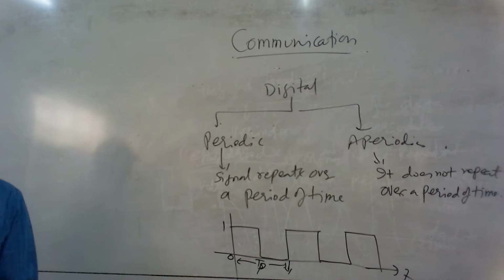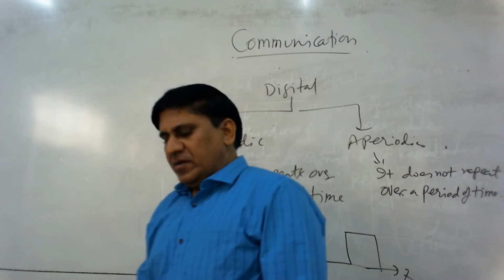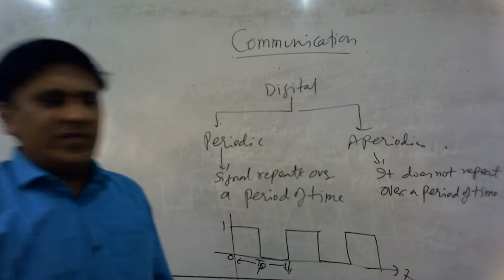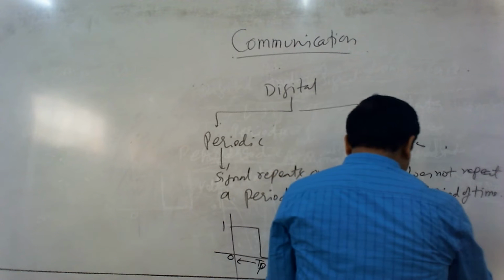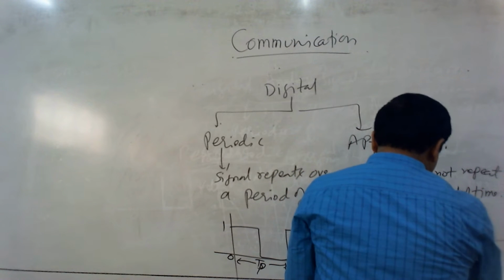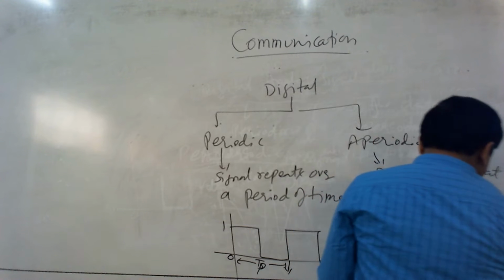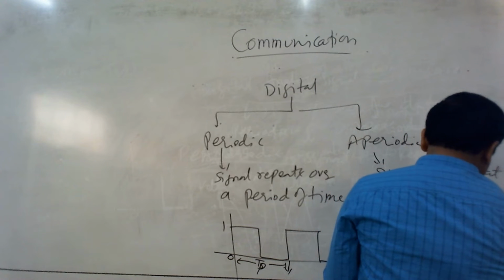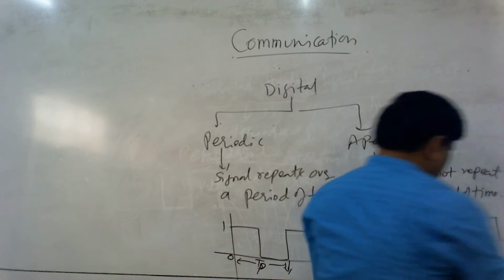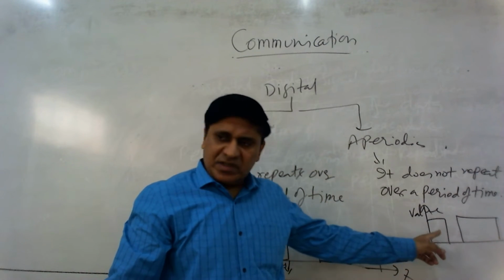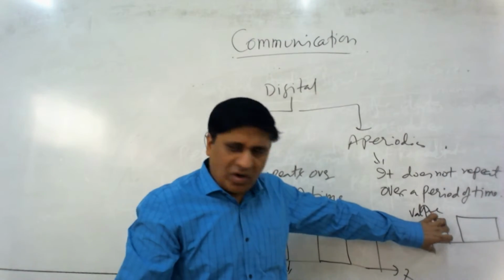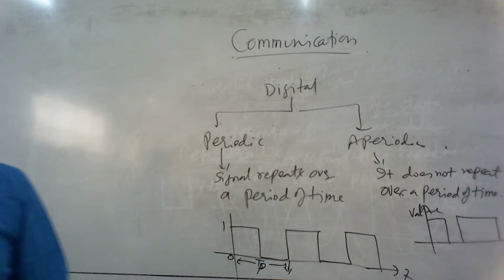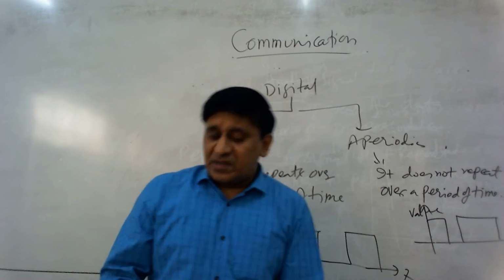So it is called an aperiodic signal. The waveform of this aperiodic signal is like this. This is the value, and this is the time axis. This is called an aperiodic signal because the same slot is not repeating after a certain period. So it is called an aperiodic digital signal.